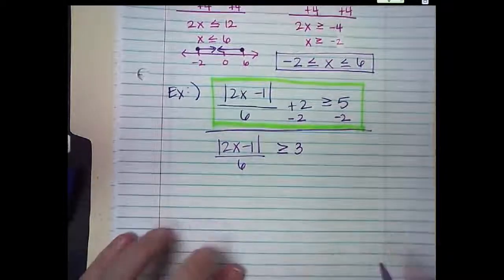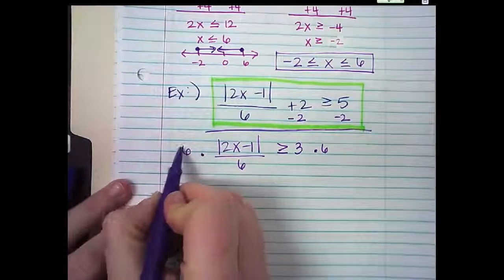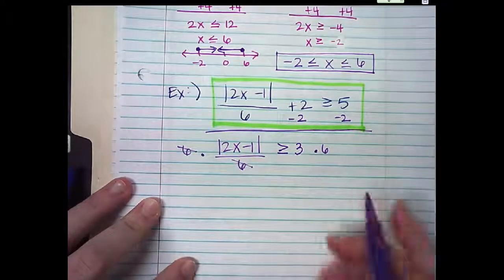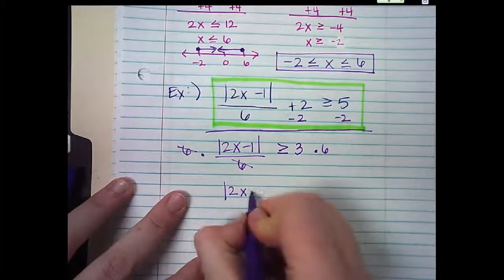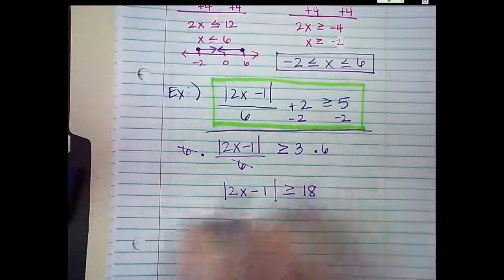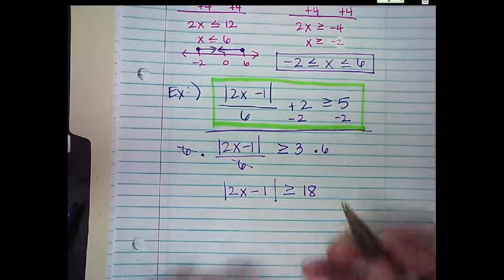So subtract 2 and then multiply by 6. Remember, all that does is this 6 and this 6 cancel. Don't try to distribute in the absolute value. So absolute value of 2x minus 1 is greater than or equal to 18. Okay, so I look at my sign here.